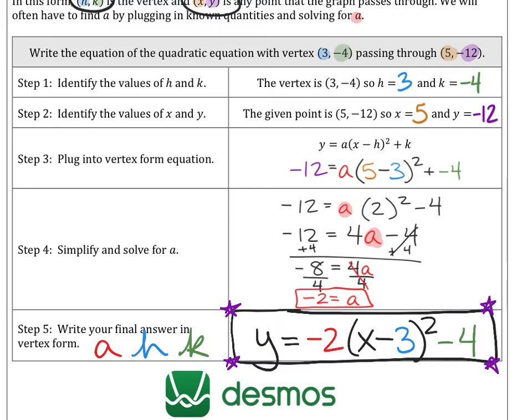And we're just going to check to see if it has an actual vertex at that point and goes through this coordinate point, the information that we started with. So everybody right now, type in the answer that we ended with. I want you to see if it has the correct vertex and passes through the correct point. You might have to type the point in, like parentheses 5, comma, negative 12, parentheses, just to see if it goes through that point.